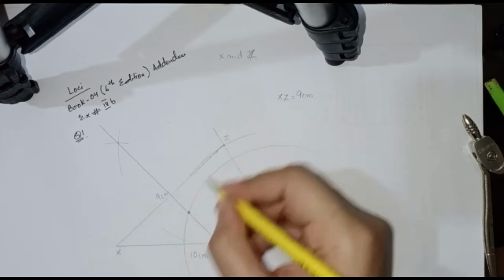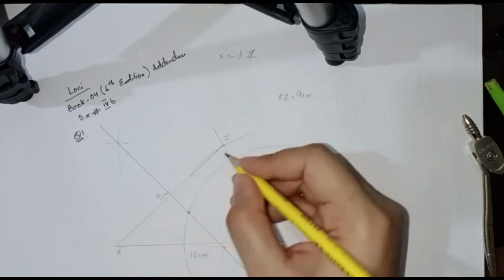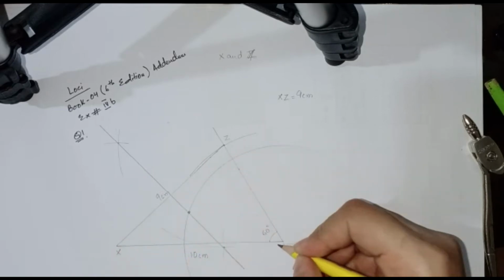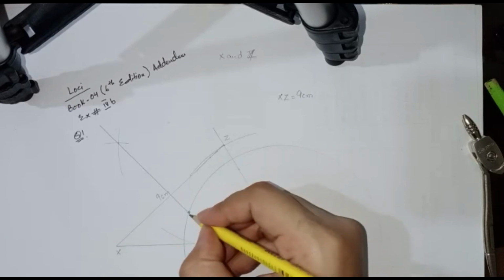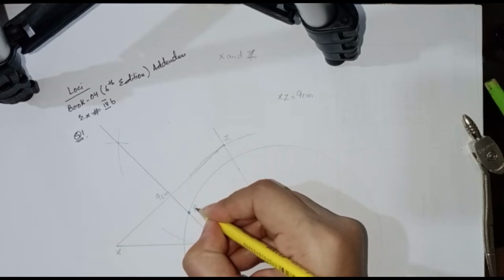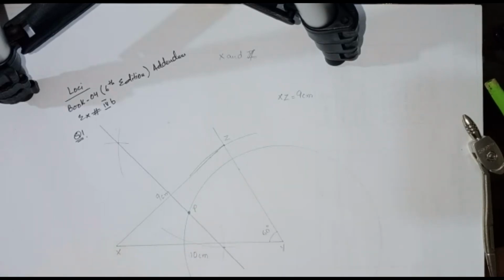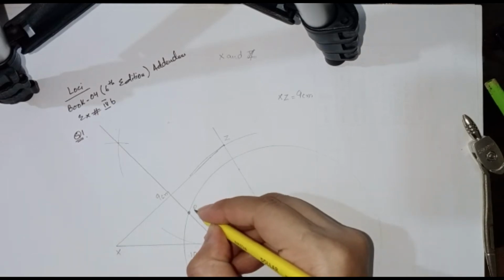This point is equidistant from X and Z, as well as this point is 6 centimeter from Y. So here we have our point P. Now label clearly on your diagram the point P. So we have done it.